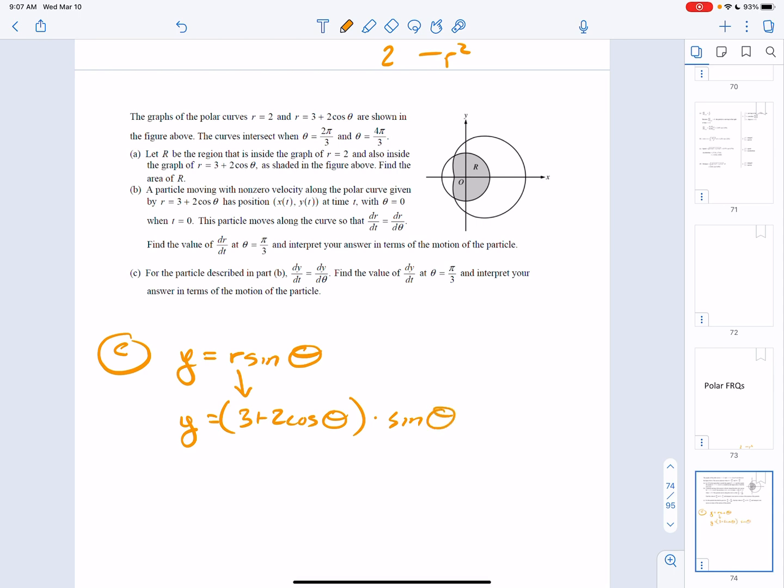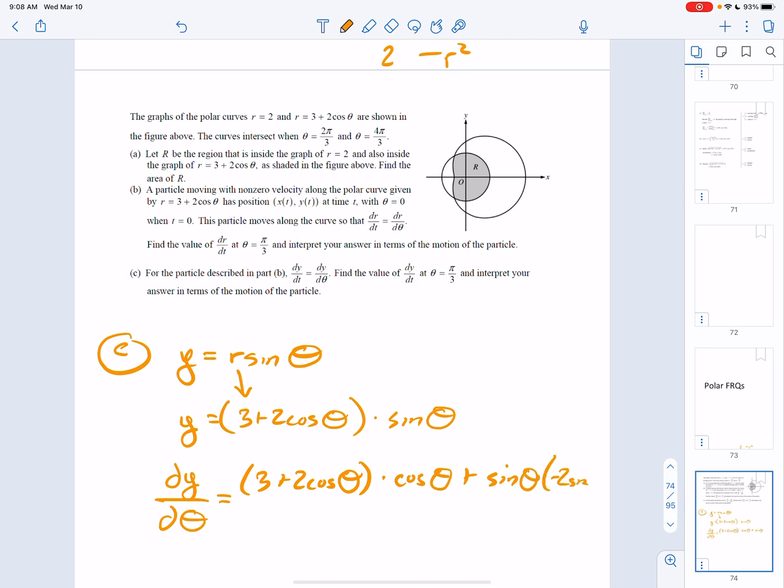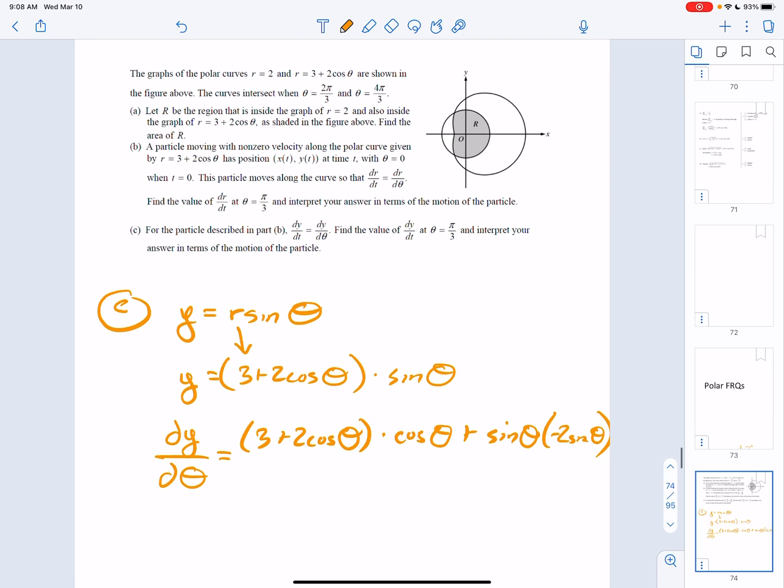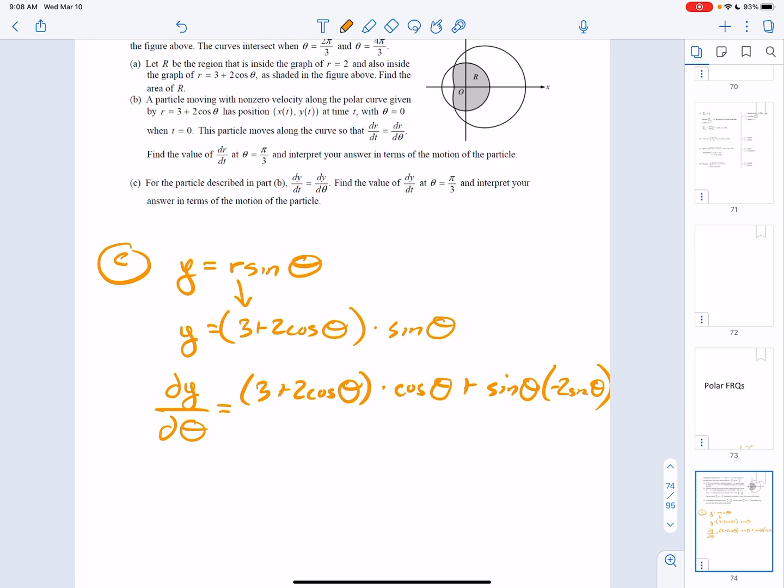So I'm trying to find dy/dt, which is the same thing as dy/dθ. So I just need to find the derivative. You know, half the battle is just knowing what they're asking for here, okay? So this here would require the product rule. So we'll take the first times derivative of the second plus the second times derivative of the first, which is negative 2 sine θ. And then we're going to go ahead and evaluate that at π/3.